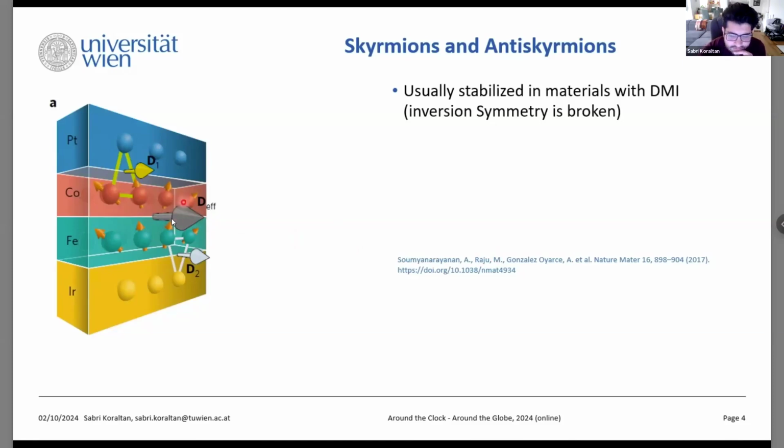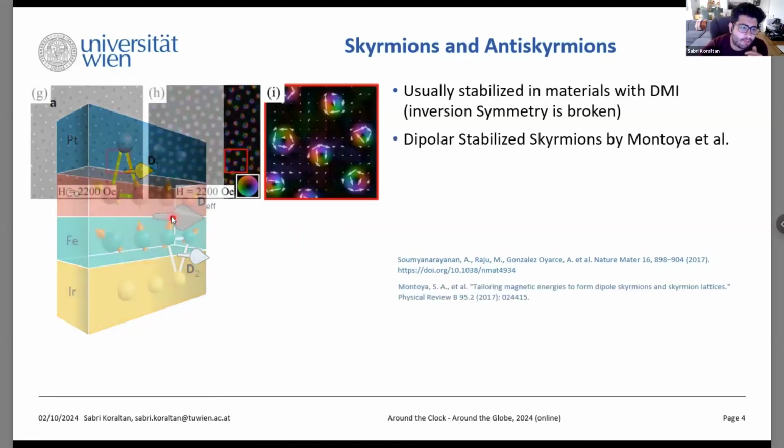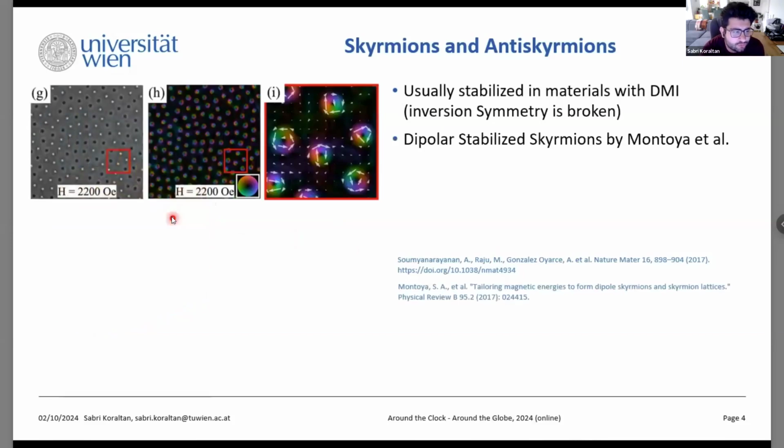After this work, the work of Montoya from the Fullerton group, for example, has also shown that we don't even need DMI, actually. Ferrimagnetic multilayers might be enough. So what they did here is that they used iron gadolinium multilayers. It's a very thick multilayer system in which we have alternating iron and gadolinium layers.